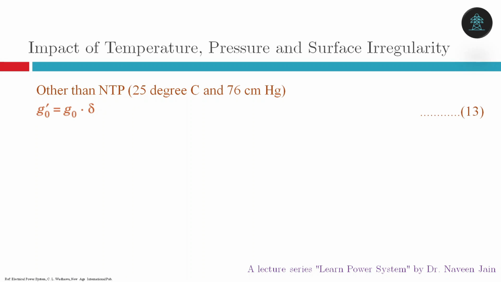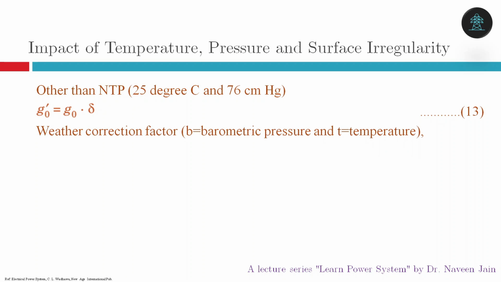So here a factor related to weather correction is included in field intensity term, that is G naught, and it is modified as G naught dash, and that is delta times of G naught. So this factor delta is well known as weather correction factor.